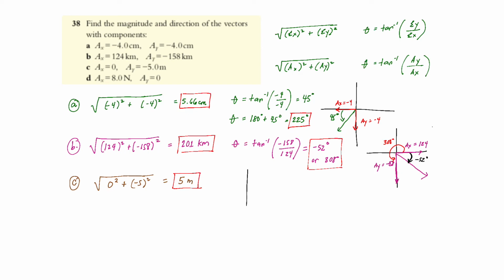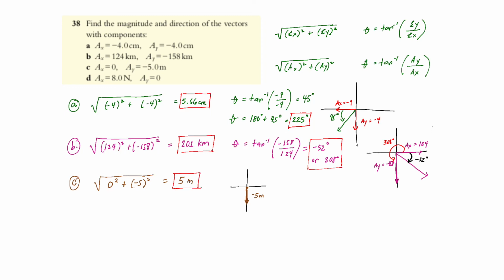AY is negative 5, and that is the only component.